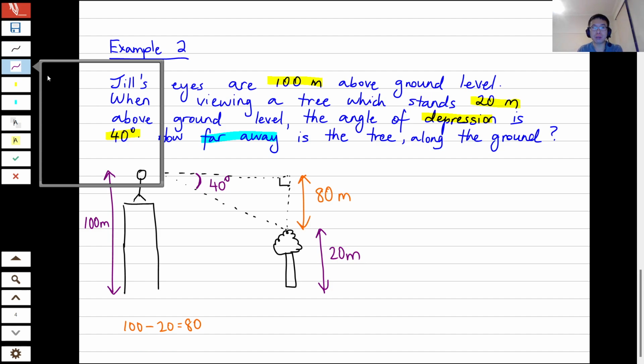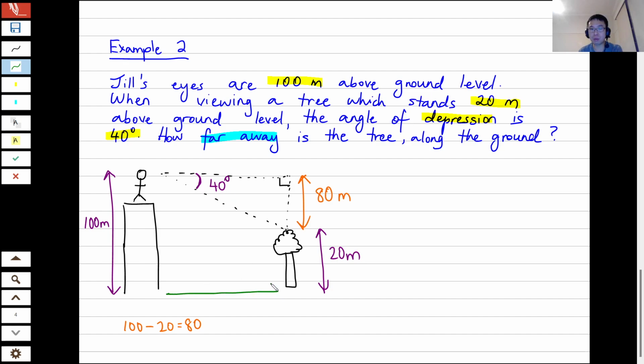And what we're solving for is this distance, which I will call D. How far away is the tree along the ground? So here's D, here's 80, and the angle is 40 degrees.